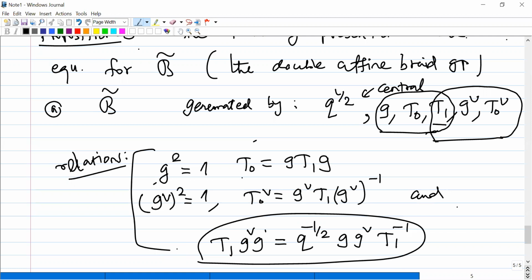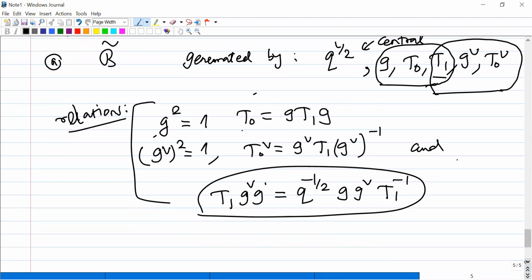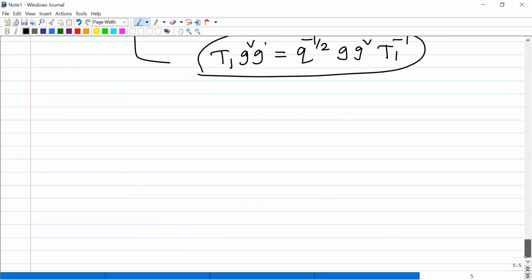Okay, so using that, we can also play around and come up with some new set of generators and relations for this affine braid group. So let me write it here. Okay. So here is this second presentation.